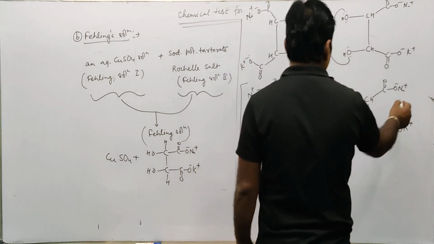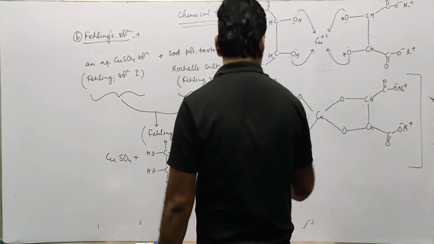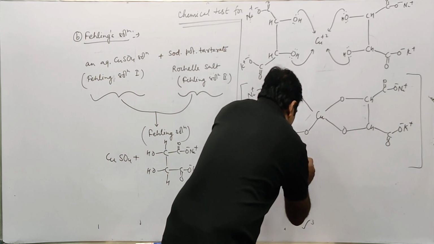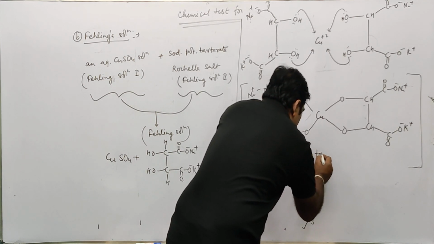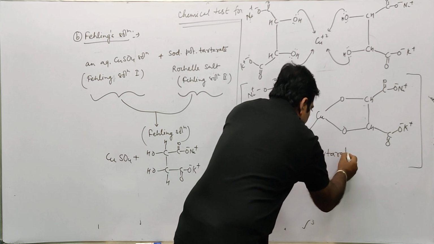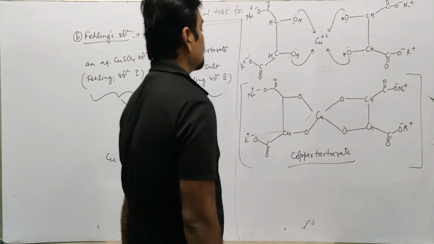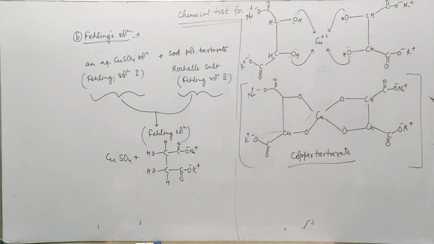This complex structure is called copper tartarate, known as Fehling solution.